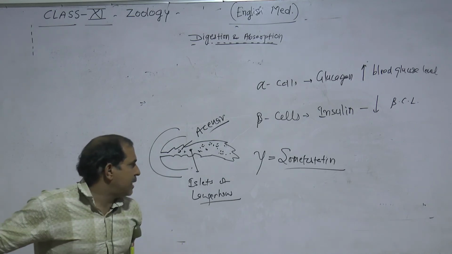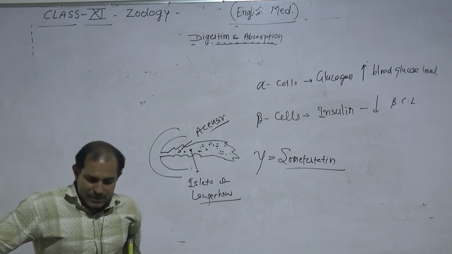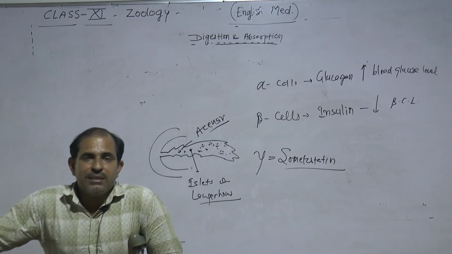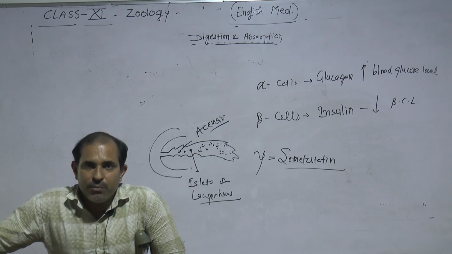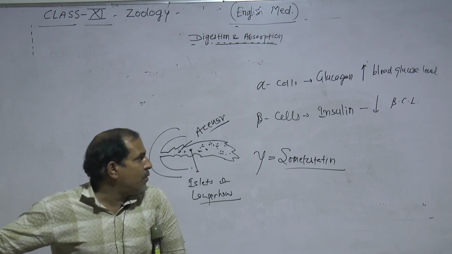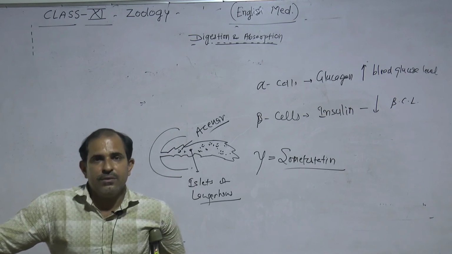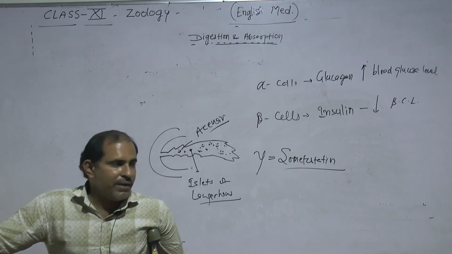The third cells are gamma cells, which secrete somatostatin hormone, and this hormone regulates the activity of alpha and beta cells.